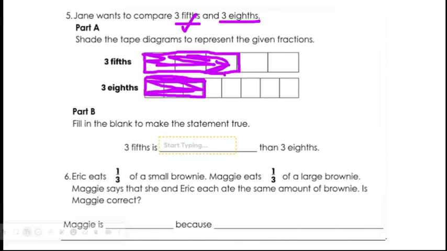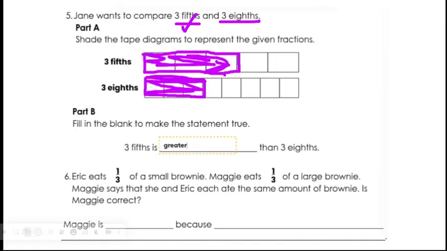Well, just by looking at it, I know that my 3/5 is bigger. So this is greater than. So it should say 3/5 is greater than 3/8. This 3/5 is greater than this 3/8. Okay?